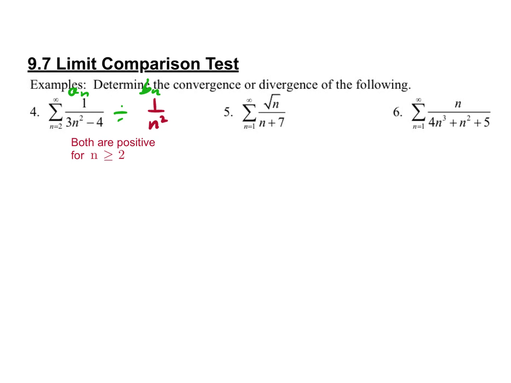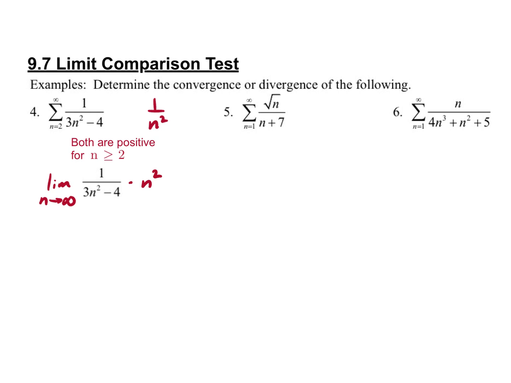Well, when I divide by a fraction, we just keep, change, flip. And so what we set up is just something like this. We're taking the limit as n approaches infinity of our original fraction times the reciprocal of the one we're comparing it to that we already know is convergent. What we hope to happen is that this limit will equal a finite positive number. And if it does, then that means number 4 is also convergent by the limit comparison test.